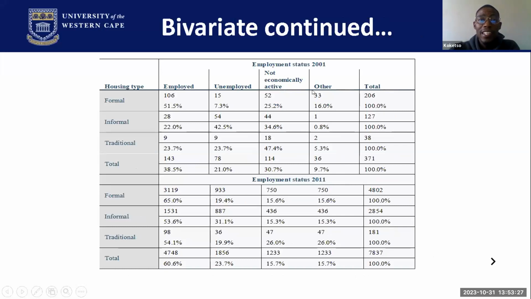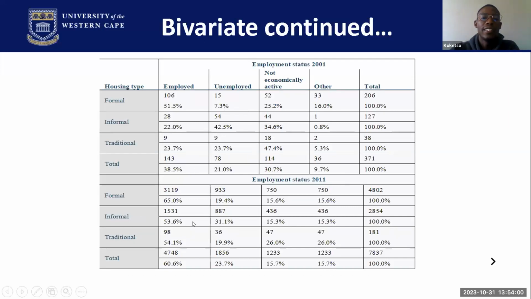The employment status shows that most African female migrants in South Africa who live in formal houses are employed. It's not surprising, because it means they can afford to pay for formal houses. However, it also shows us that most African female migrants who live in informal housing in both 2001 and 2011 were employed.